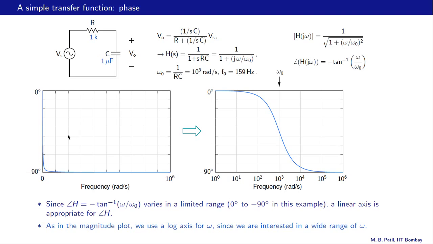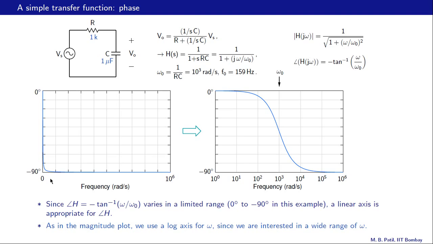Now the left plot here shows angle of h versus frequency with linear axes. And as we saw in the magnitude case, this plot is also not very useful because the low frequencies have got highly compressed here, and we really can't tell the difference between 10 raised to 2 radians per second and 10 raised to 3 radians per second, for example.